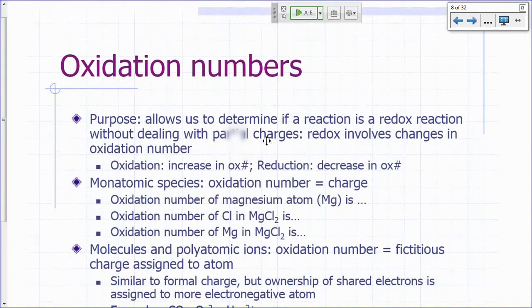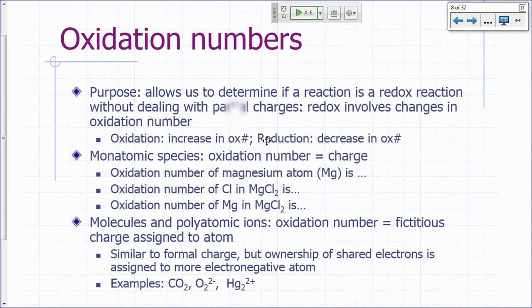Now, we don't like to have to deal with partial charges, okay? And so, as a matter of convenience, we define the thing called oxidation number, to allow us to determine if a reaction is a redox reaction without having to worry about partial charges.